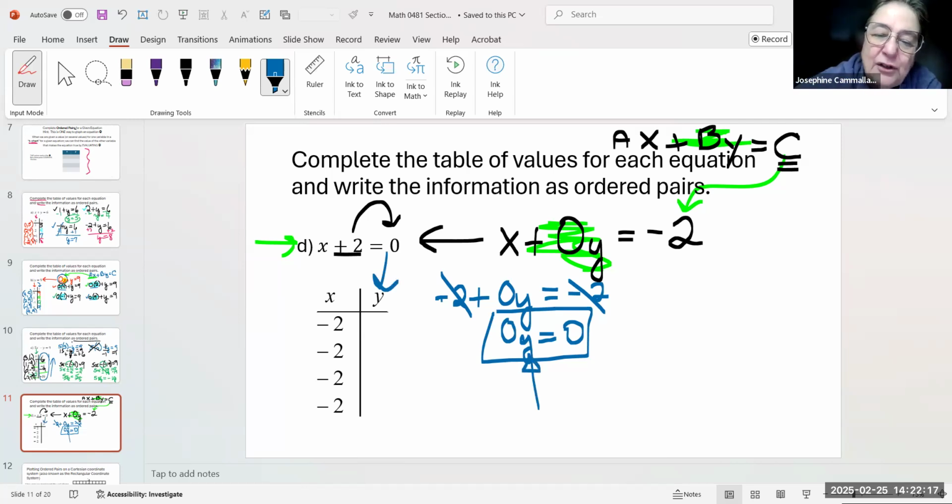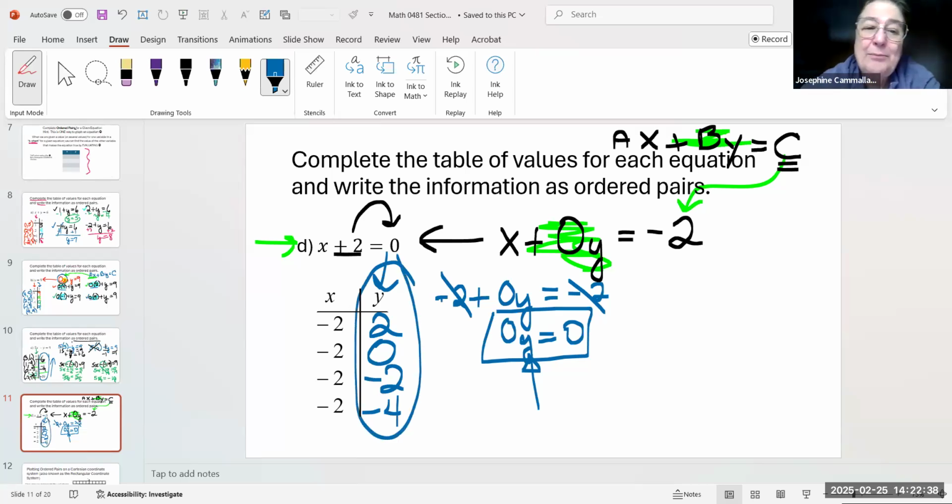This y column, this y value, if I multiply it by 0, no matter what the number is, I'm going to get 0. So what happens is, I'm going to say this is 2, 0, -2, -4.